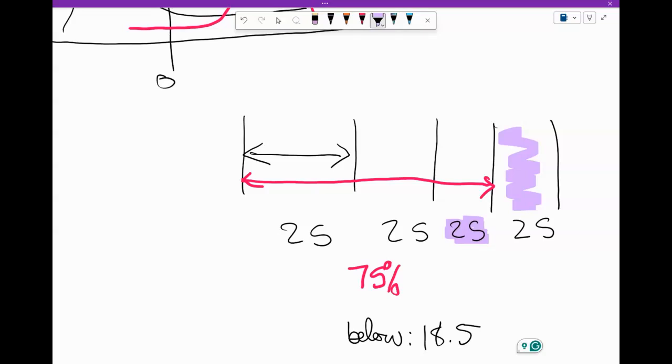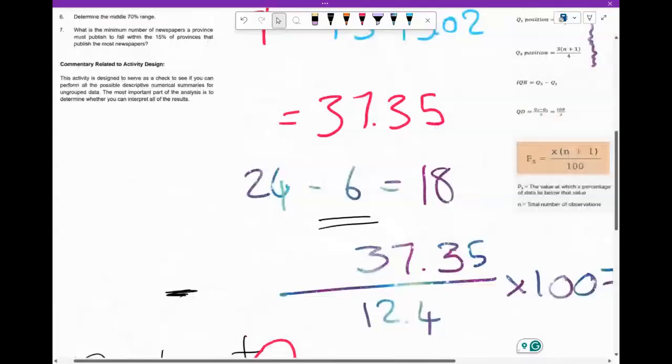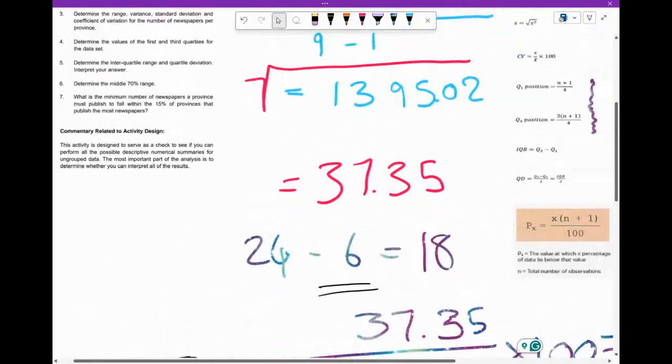The top 25. Yes. Thank you, sir. It's either equal to or above, because remember here we're saying below. So it's either equal to or above 18.5. Does that make sense? So that was our first and third quantiles.